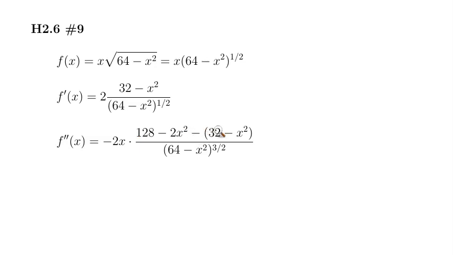Then I'm going to distribute the negative sign, so it's going to be a negative 32, and then plus x squared. Then I'm going to get rid of the parenthesis there. So x squared and the negative 2x squared, I'm going to combine together. You're going to get the negative x squared, so you can simplify that.